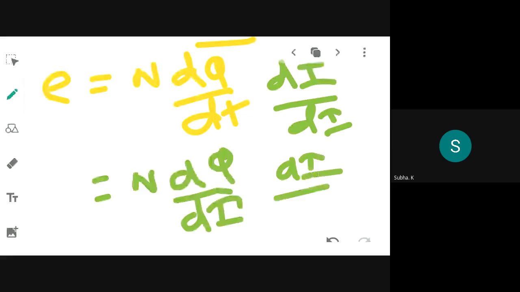Yes, ma'am. Will it change? Don't change the original equation, because I am multiplying and dividing the same parameter. So I am rewriting the equation in a different way: E = N d phi by di into di by dt. Now what does N d phi by di equal?